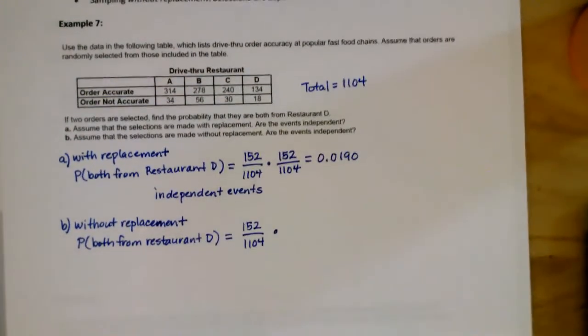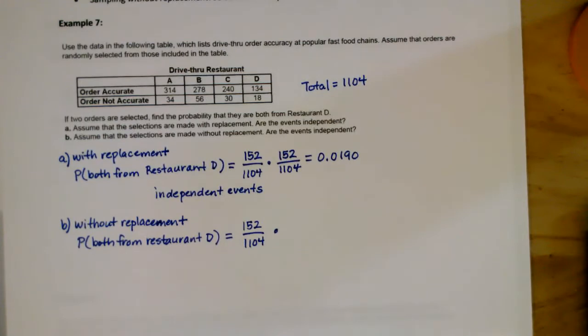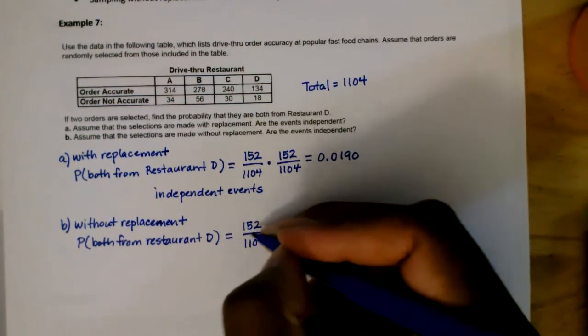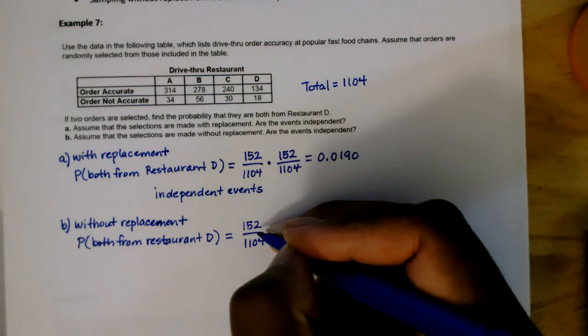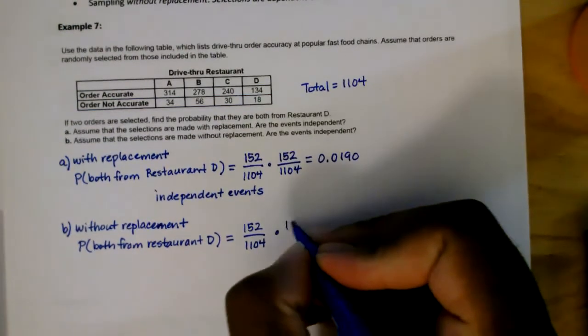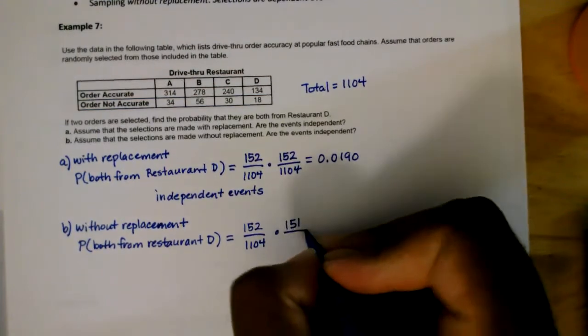But since we're dealing without replacement, on the second order, that probability is going to be a little bit different because notice the first selection will not be considered. That means the total from restaurant D will decrease by 1. So instead of 152, you're going to have 151 to select.